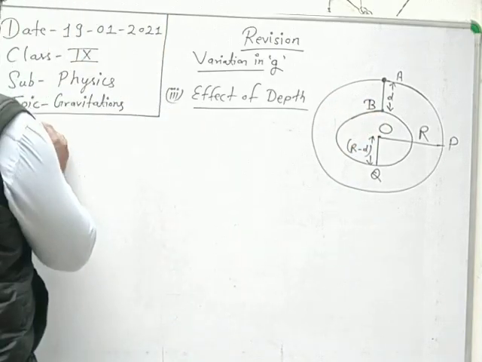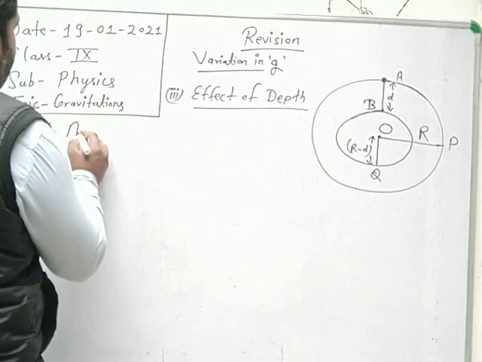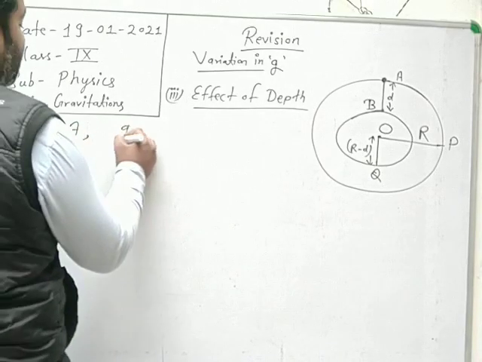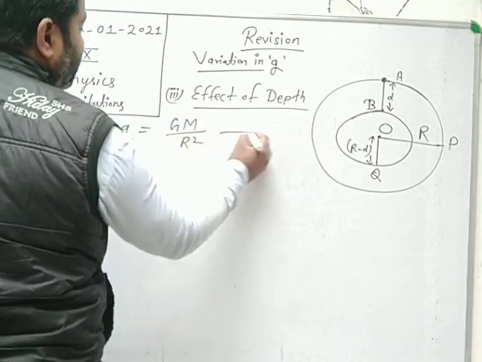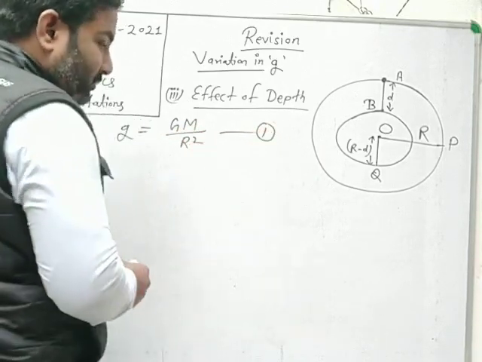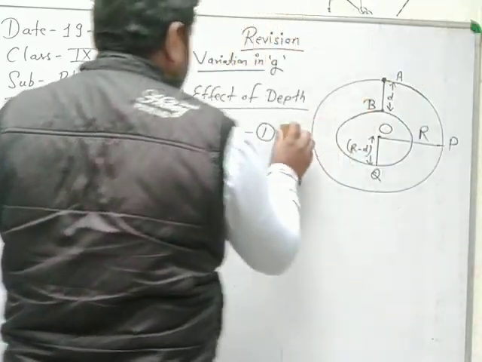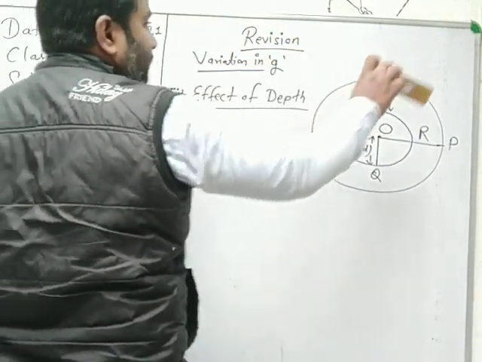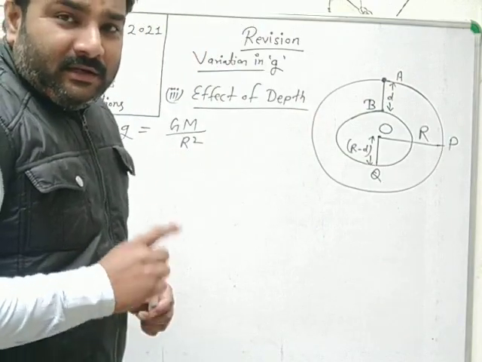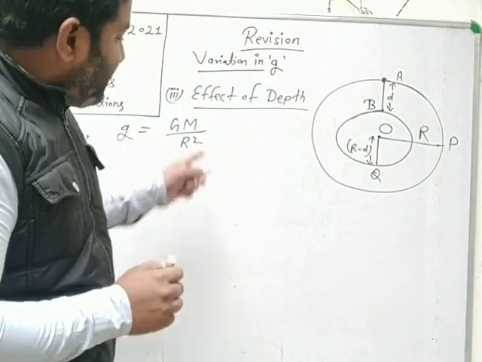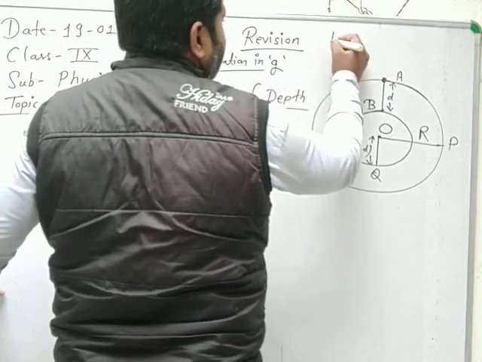Let's see, at A, g is equal to GM upon r square, equation number 1. But just before making the equation, we have to utilize the concept of density and volume.